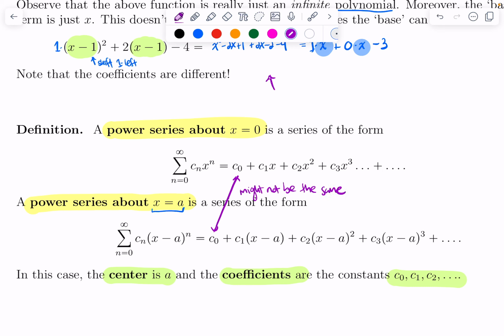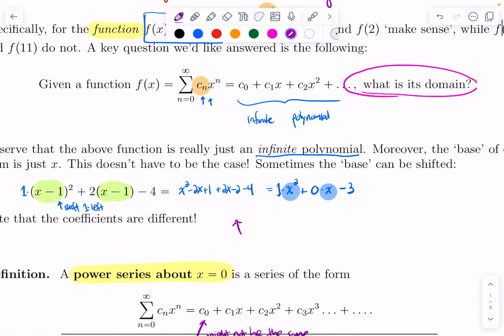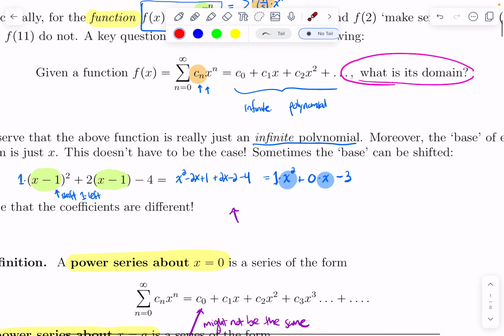In fact, almost always they're different. And so, the name of the game now is, let's try to understand some examples of power series, and let's try to understand, again back up here, what their domains are. When do they converge? When do they diverge?